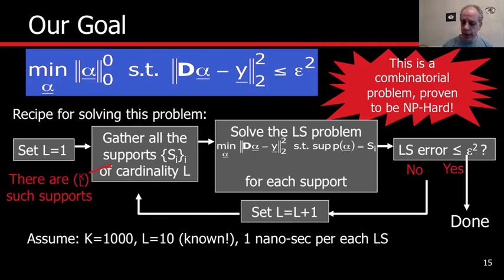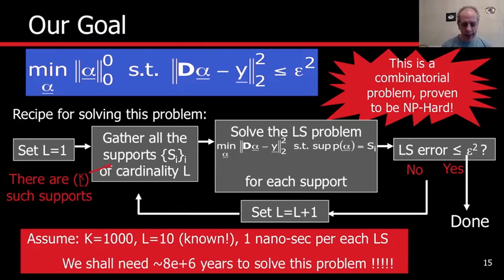Assume that each one of the computations that we have here takes about 1 nanosecond. So you try all possible supports of size 10, and you solve this problem in 1 nanosecond. These are all reasonable numbers. What you get is that you're going to need a long, long time to solve this problem. Look at this number.